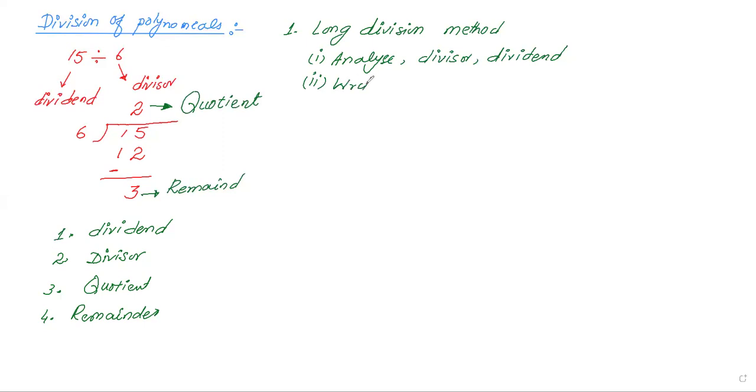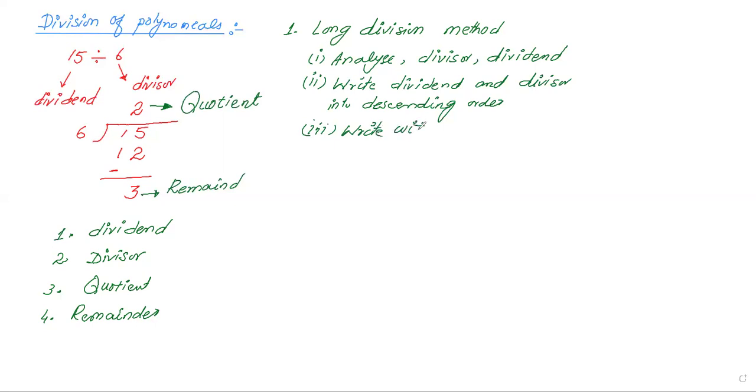The second step is to write the dividend and divisor in descending order. That is very important. The third step is to write them within the sign of division.